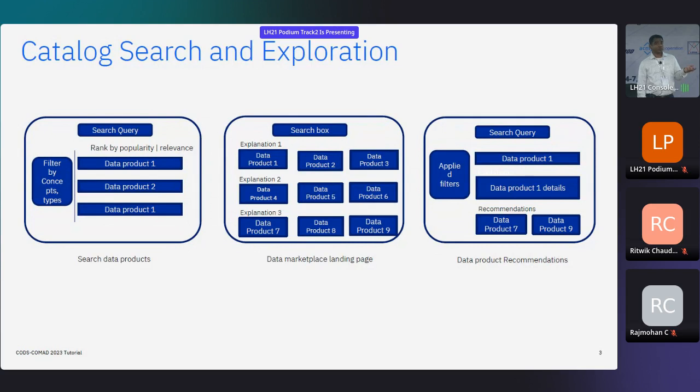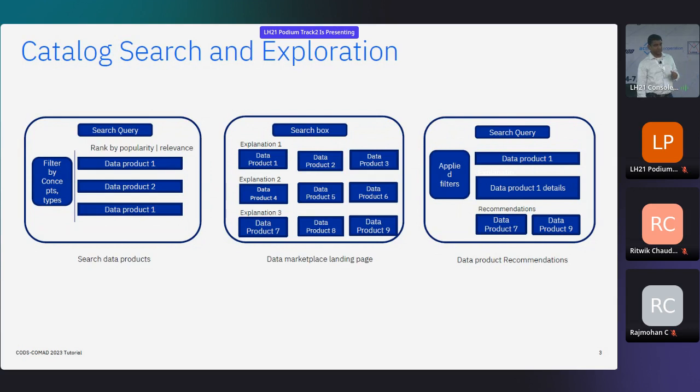You could also do more. Instead of using a query, you could simply say, I have a table, can I get a table similar to this? I have this data set that I'm using for, say, model training, and I want to find similar data sets. That could be another way of looking at search.